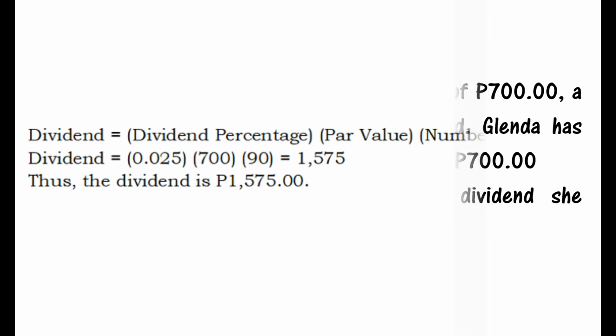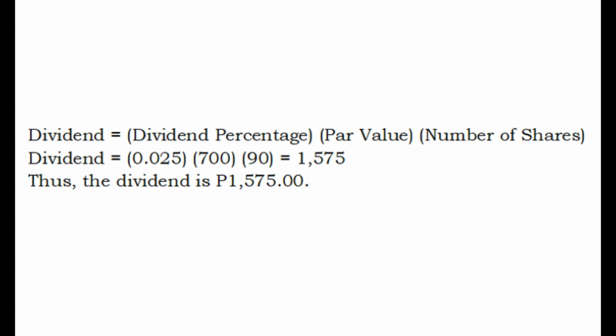So for the solution, dividend is equivalent to the product of dividend percentage, par value, and number of shares. By substitution, we have 0.025 as the dividend percentage, 700 pesos as the par value, and 90 shares. Multiplying these three, we get the dividend, which amounts to 1,575 pesos.